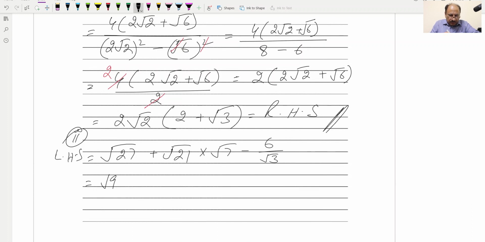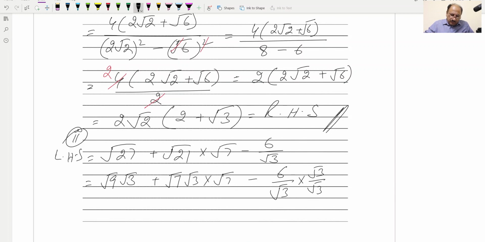And further we can write this as 9 under root into 3 under root, plus 7 under root into 3 under root, multiplied by 7 under root, minus this one we can rationalize, we can write under root 3 over under root 3.